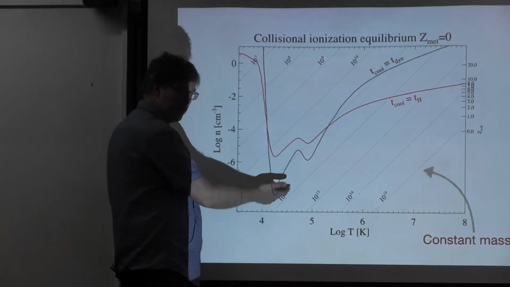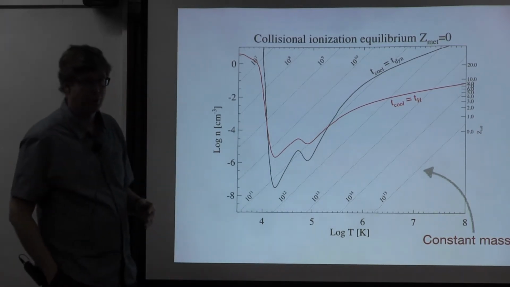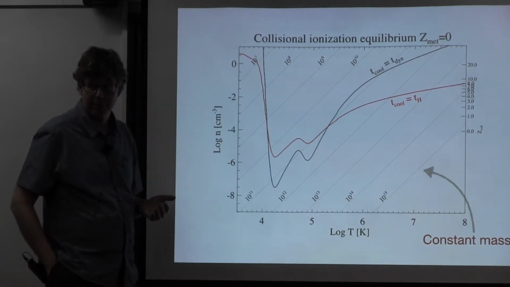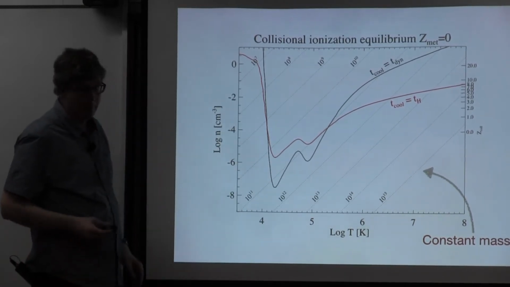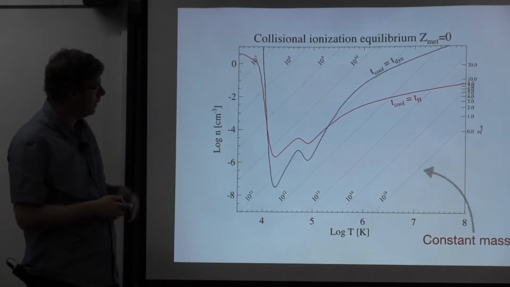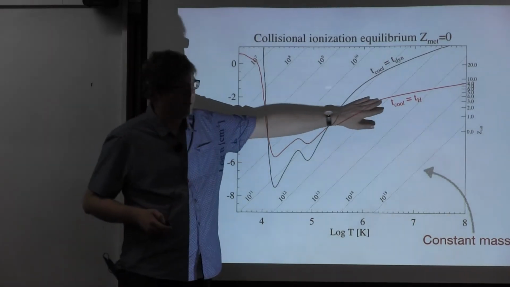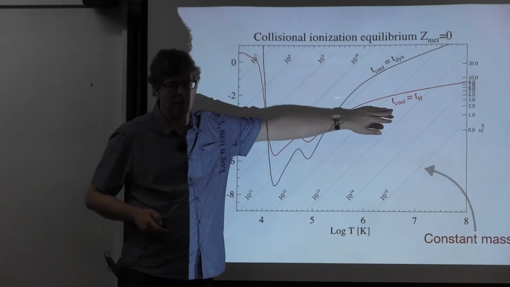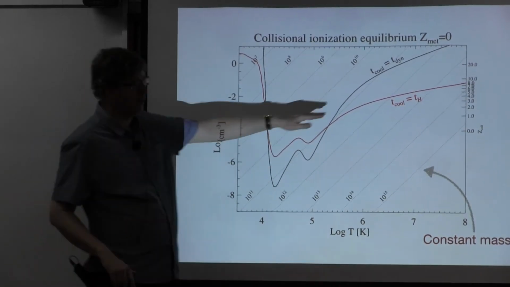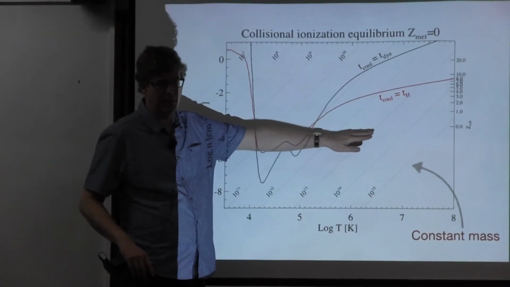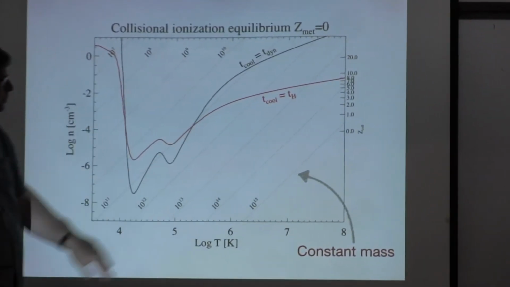When you're below the black curve, you're in a situation where you can't cool quickly enough. So there's no collapse. And this red line is when the cooling time is equal to the Hubble expansion time. So again, if you're below this one, then the universe expands more quickly than it can cool, and nothing is going to form.